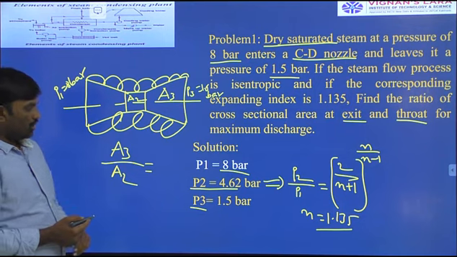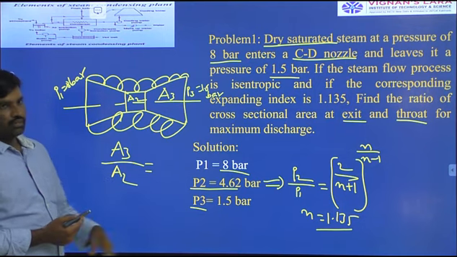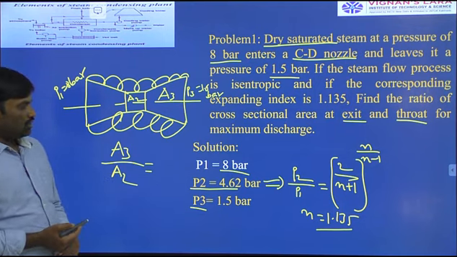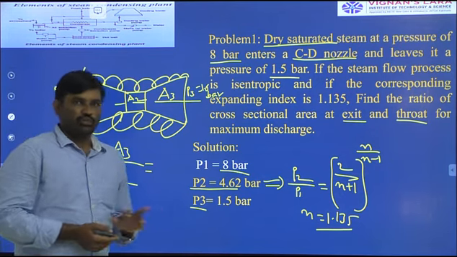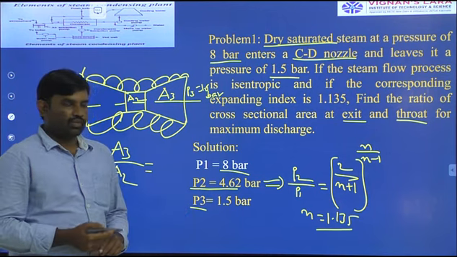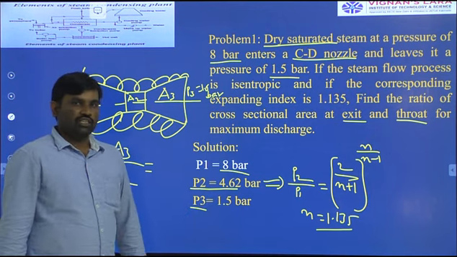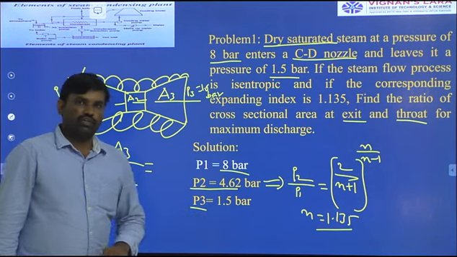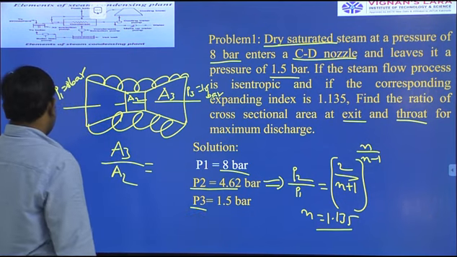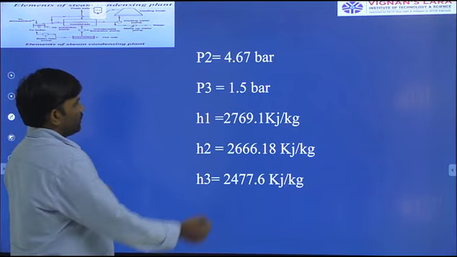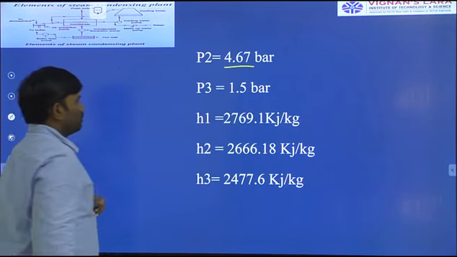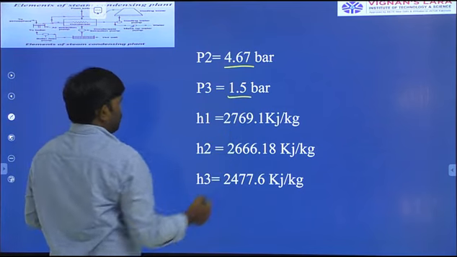After knowing the P1, P2, P3 values, we have to take the properties of steam from the steam table book at the respective pressures: at 8 bar, at 4.62 bar, and at 1.5 bar. The P2 value is 4.62 bar and the P3 value is 1.5 bar.